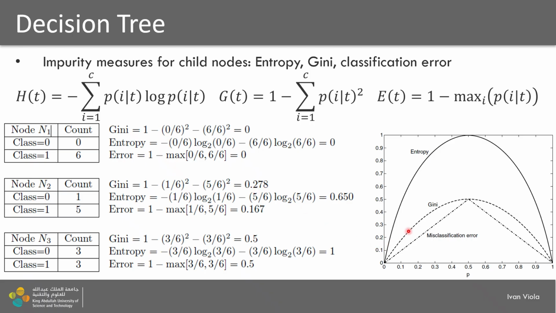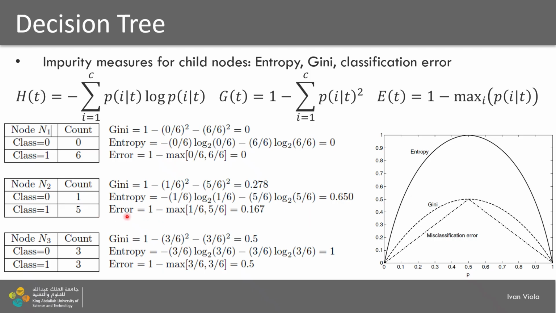This is somewhere here. For entropy we have a similar calculation: minus 1/6 times log 1/6 minus 5/6 times log 5/6 is 0.65, somewhere at this point.